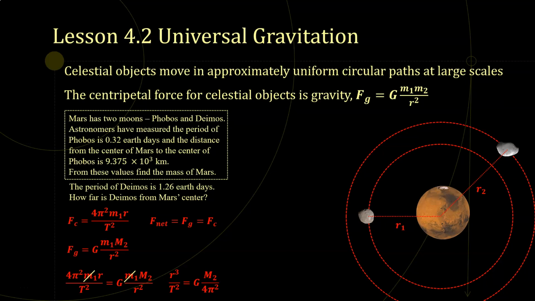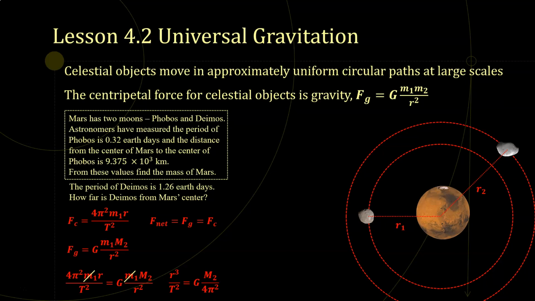I'm going to divide both sides by 4 pi squared to get 4 pi squared over on the right. And just take a look at this expression. On the left, I have the radius and the period, which you know are variable. Okay, we don't know what the radius of Deimos is. We're looking for that value. And we know the orbital period is different between Phobos and Deimos.